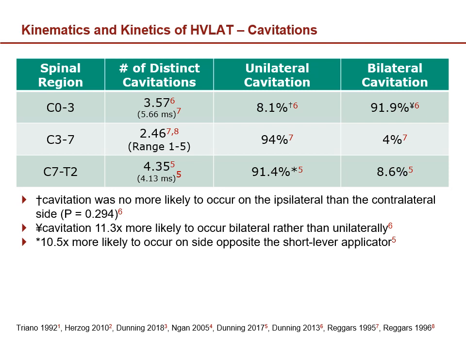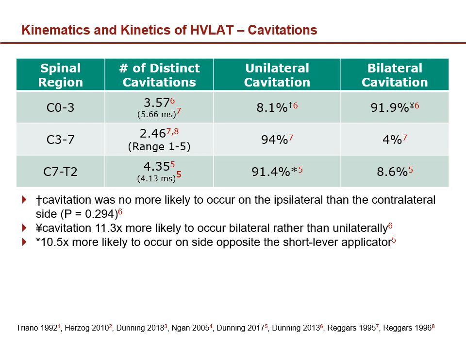As far as the cavitations being unilateral or bilateral, we can see that consistently, at least for the upper cervical spine, bilateral cavitations are expected in over 90% of thrusts. It's a bit different when we're talking about the mid-cervical and the lower cervical, which potentially are going to be unilateral cavitations.